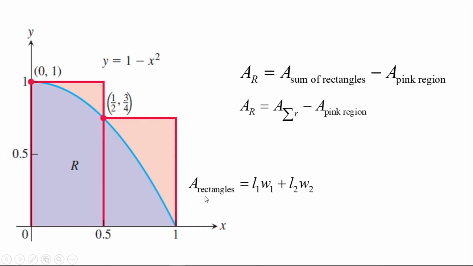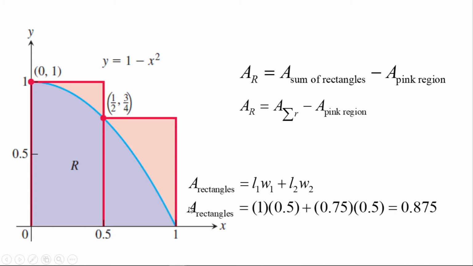So let us try to find the areas of the rectangles. That is the length 1 times the width 1 plus the length 2 multiplied by the width 2. The area of the rectangles is equal to 1 multiplied by 0.5 plus 0.75 multiplied by 0.5. So the answer is 0.875.